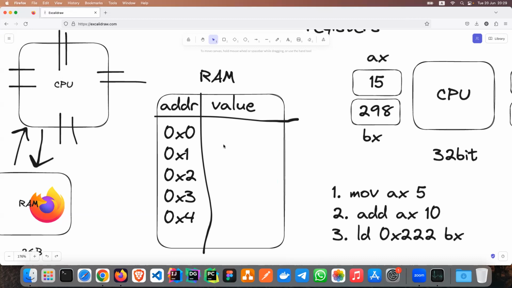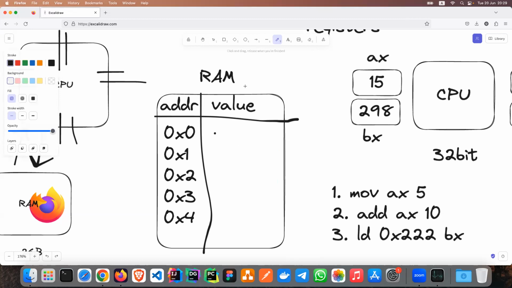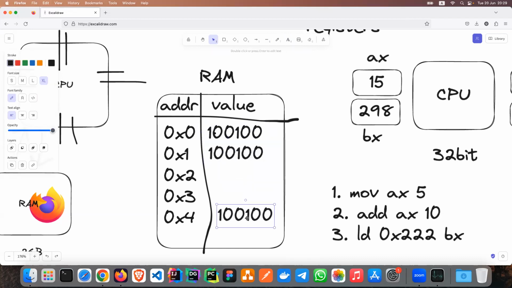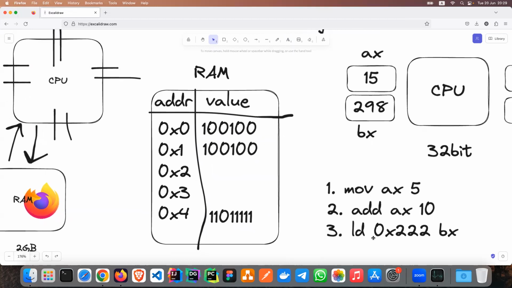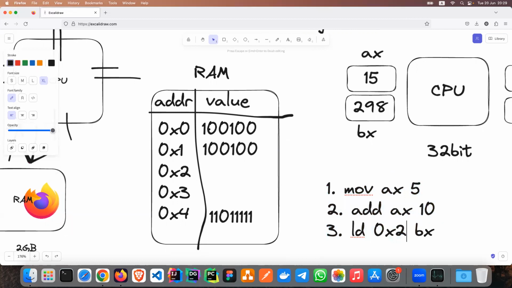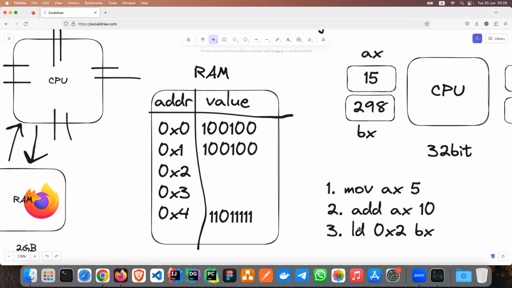And in each address, I might have some values. For example, I have some value in this address, and some value in another address. In the CPU, if I say load some number from RAM, I don't know the number.